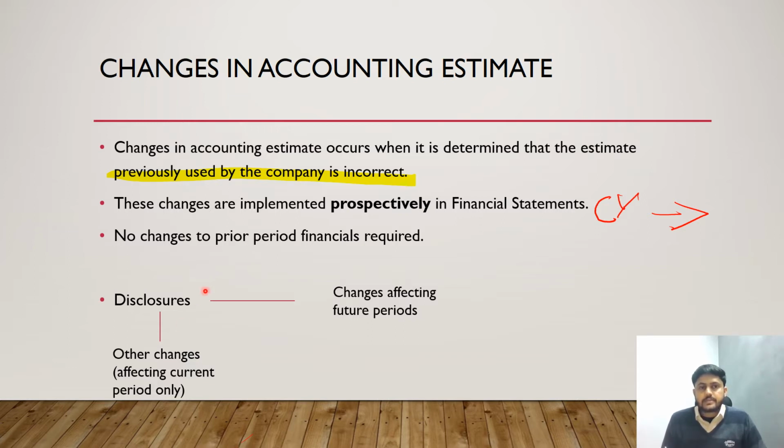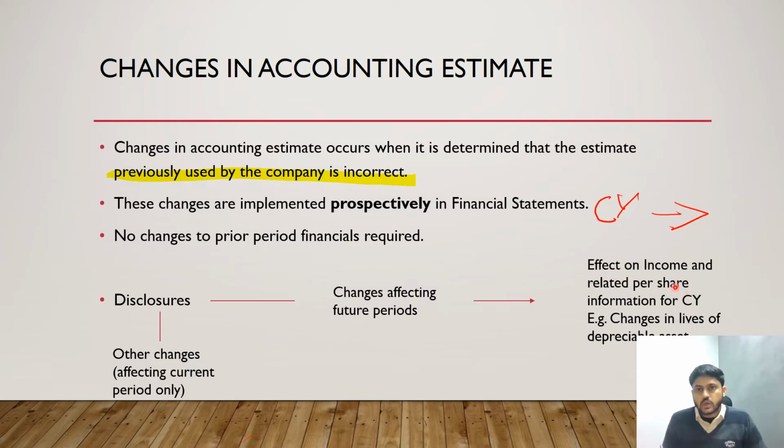So let's say the company last year said that a fixed asset can be depreciated for 10 years, but now the company is saying that it should be depreciated only for 8 years. So in that case, the depreciation amount for the current period and all the future life of that fixed asset is changed. So in that case, you'll have to disclose the effect on the income.